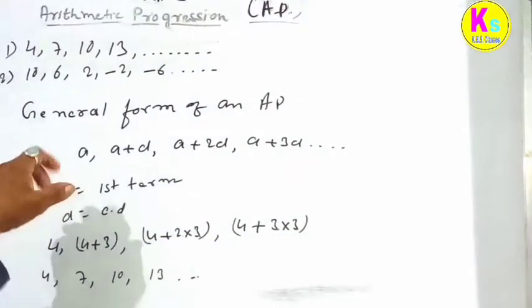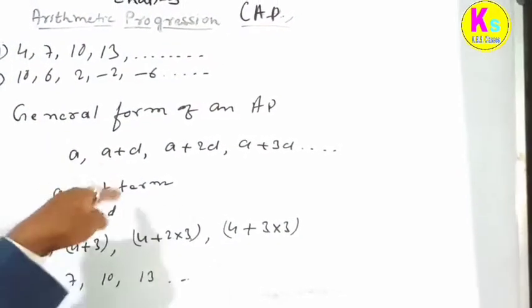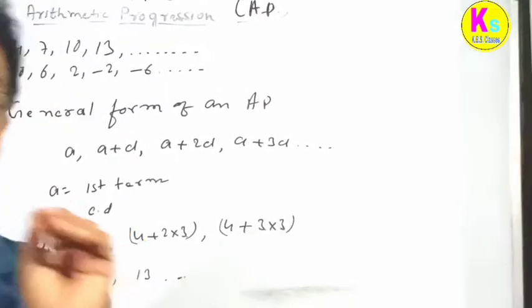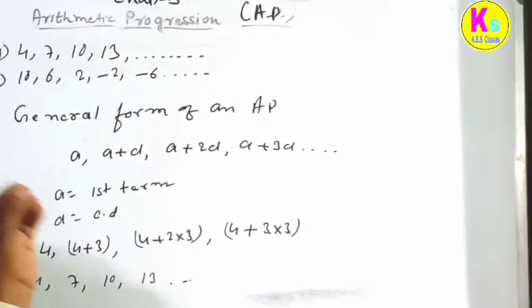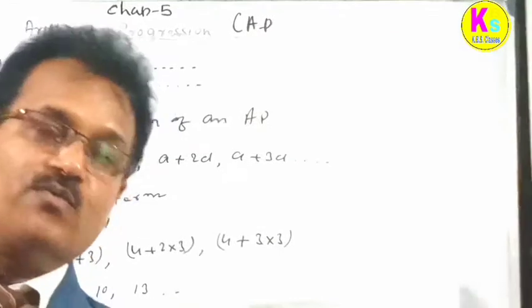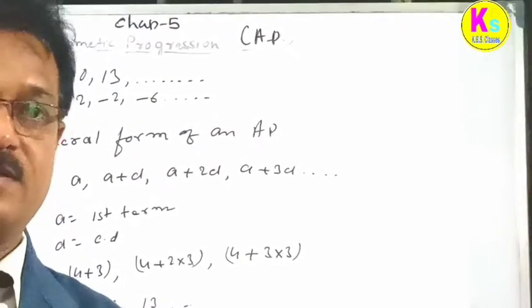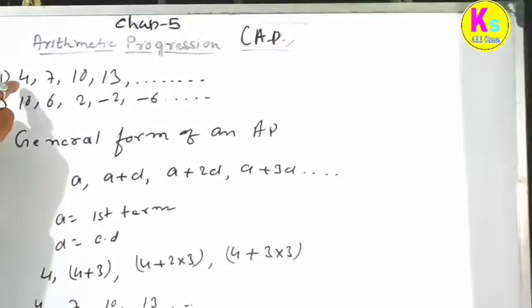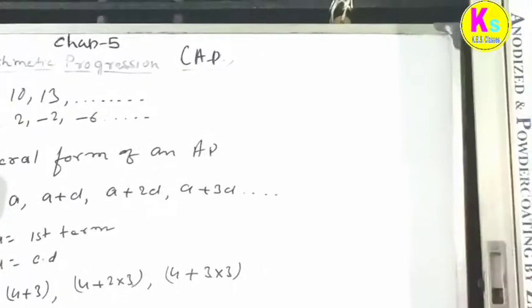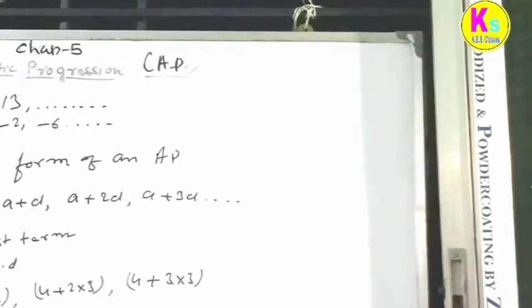Now we have to see that a is the first term we have taken, but actually a means the term from where we are starting the AP. It is not necessary that it starts from 4. If you go to the back side, you will get so many numbers there also.